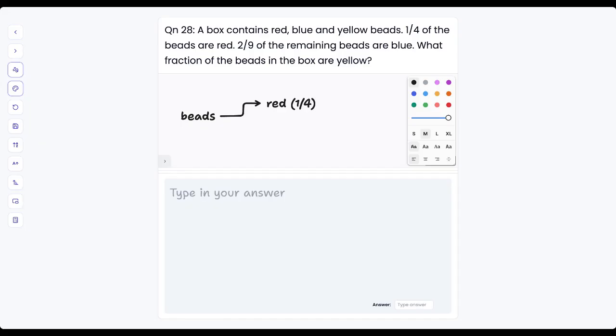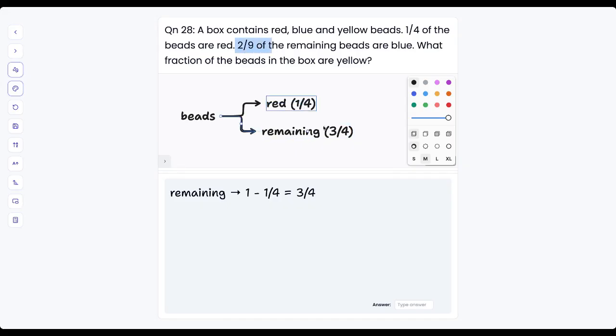One quarter. Now you see the word remaining. So what is the remaining fraction? Is it one quarter? No, it's 1 minus 1 quarter, which is equal to 3 quarters over here. So this is 3 quarters.